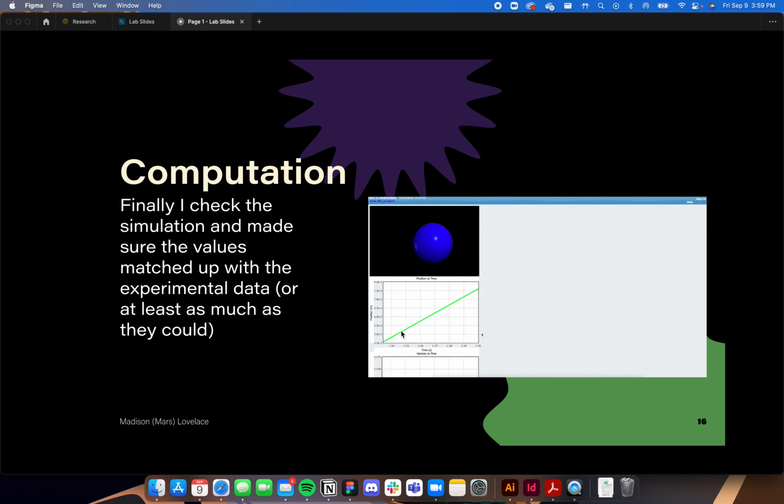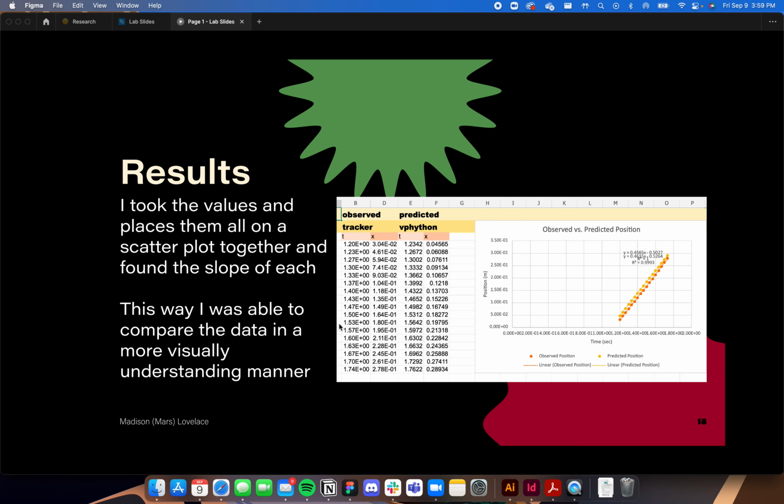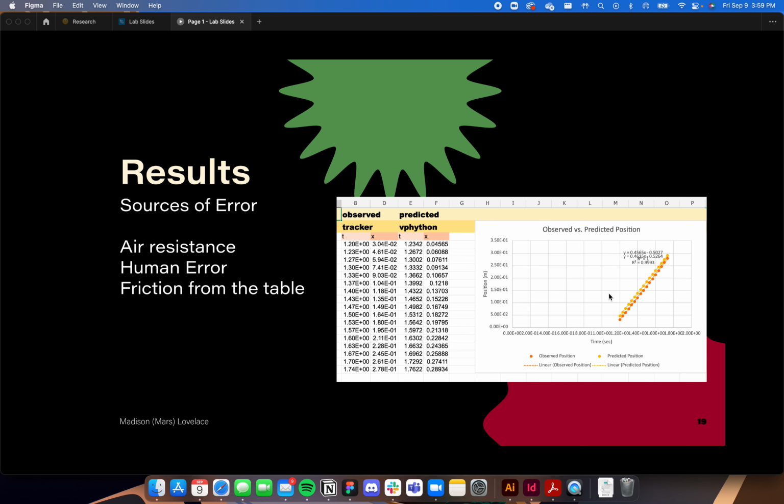Finally, I checked and made sure the simulation was good, and then I took all of those data points and started formulating my results. So I had the observed data points from Tracker as well as the data points from the simulation, and put those into Excel in a conjoined scatter plot to visually compare the data.